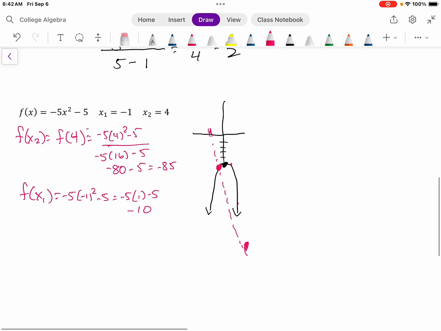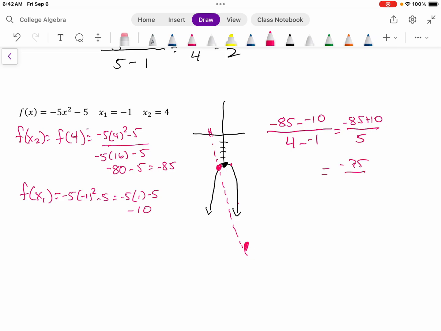So setting up my average rate of change, -85 minus a -10 over 4 minus a -1. That's -85 plus 10 over 5. That works out to be -75 over 5, which is -15. So the average rate of change between those 2 points is about -15.